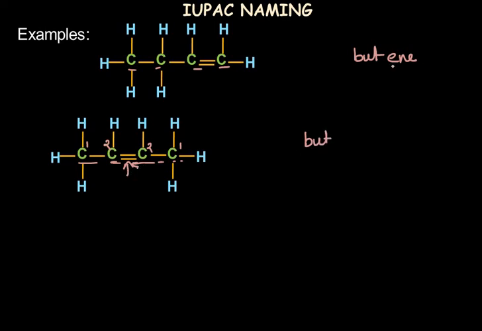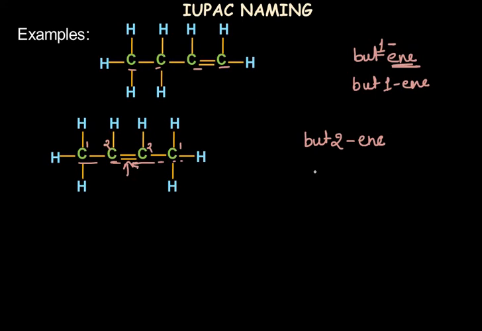So here the ene will be numbered. Ene means the carbon-carbon double bond. So here we'll number ene with 2. So but-2-ene is the name of this compound. So in the first example we can also name this as but-1-ene. But-1-ene can also be the name of the first example here on this page.